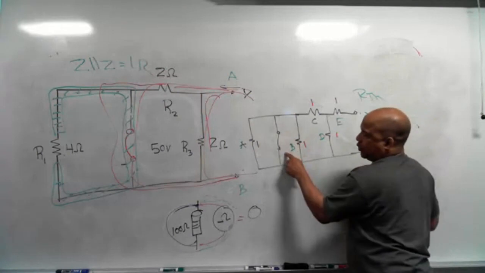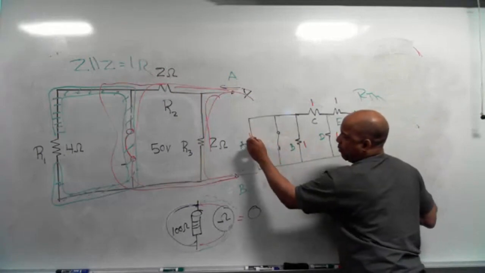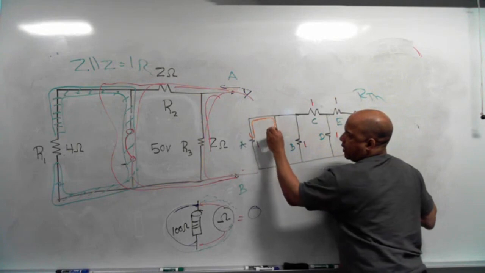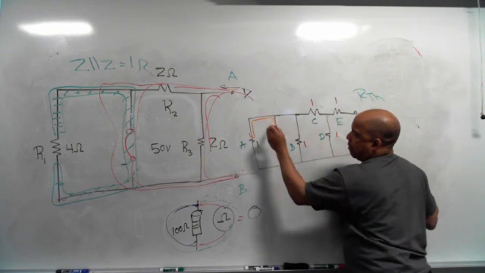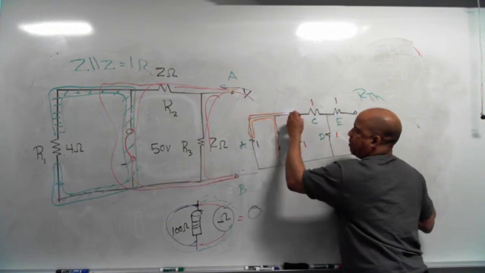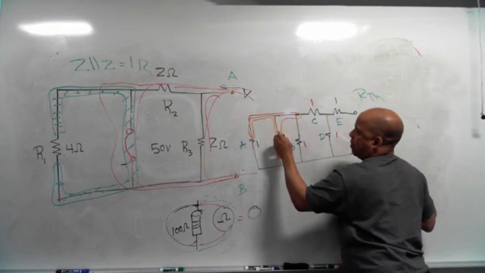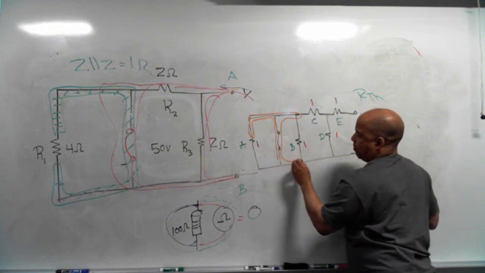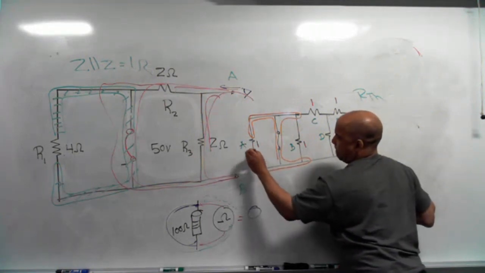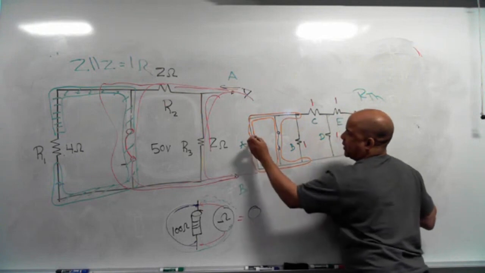So when I connect that short here, I've got this wire right here. Notice I don't have another resistor. Come right here. I go over to here. Let me shade this in.